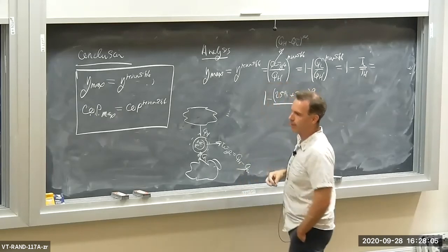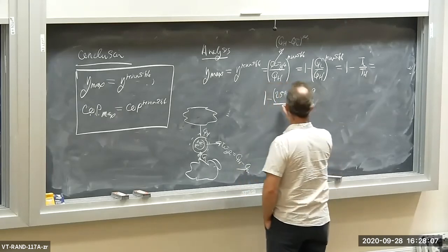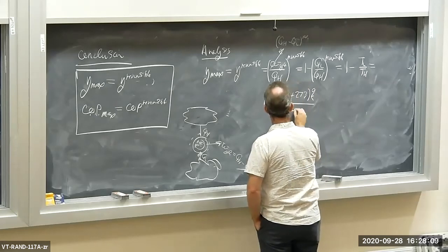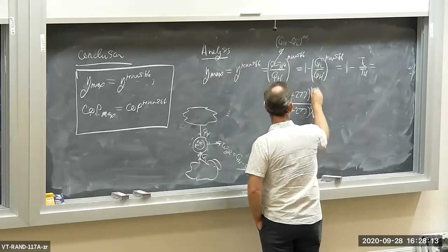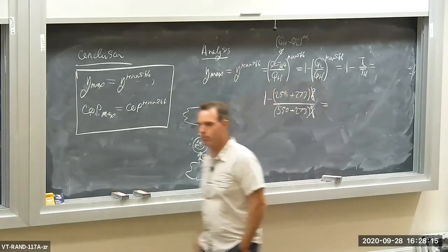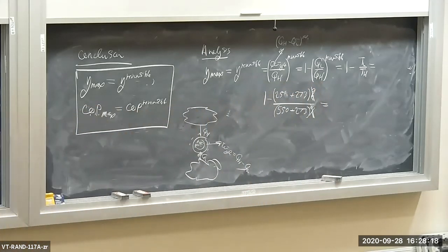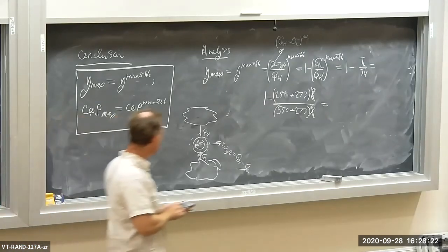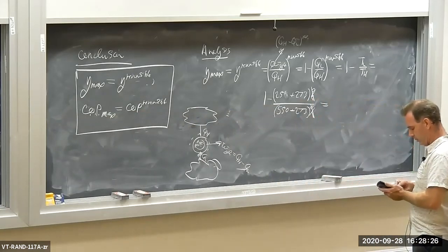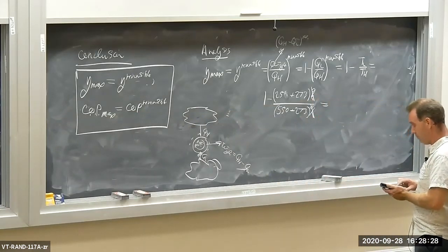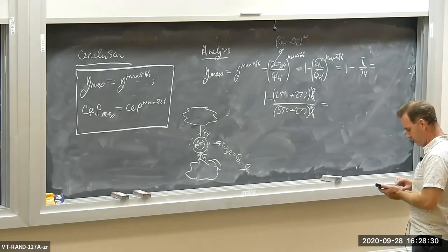And then I have 550 plus 273, and that's going to be in Kelvin. Notice the Kelvins cancel out. Let's go through and calculate this. So we got 25 plus 273 divided by 550 plus 273.